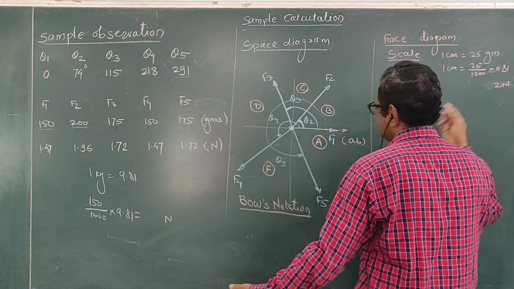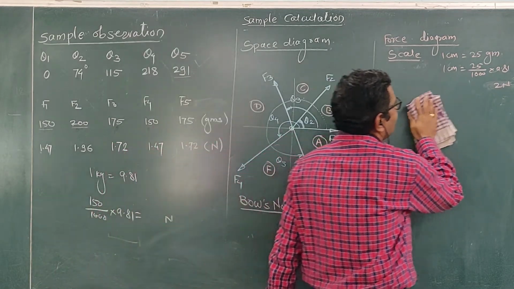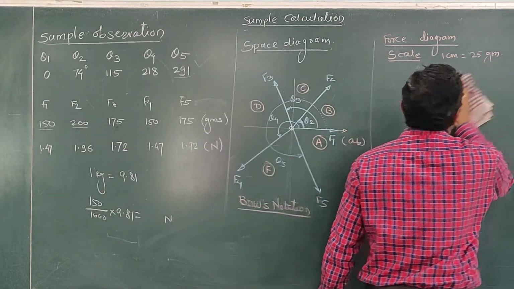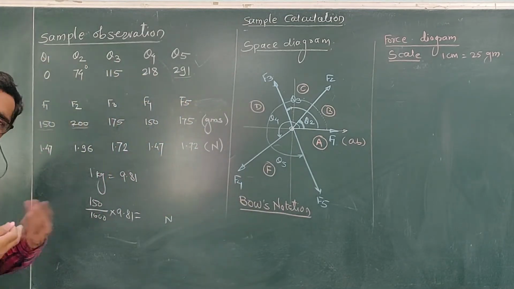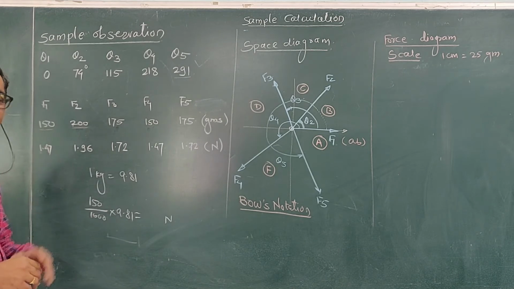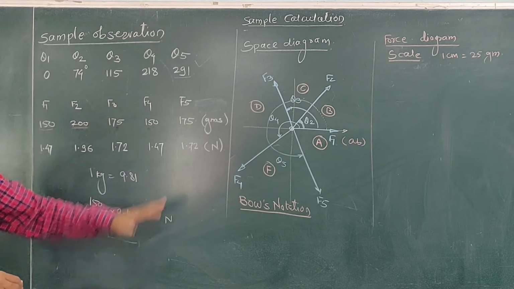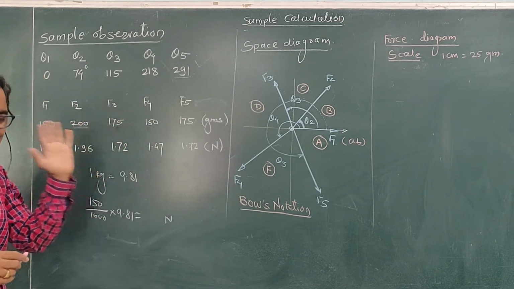You can change the scale, and accordingly represent the magnitude of the forces. I will select the scale 1 centimeter equal to 25 gram. To write the final answer I will convert it into Newton, but for drawing the force diagram I will take it in grams only.